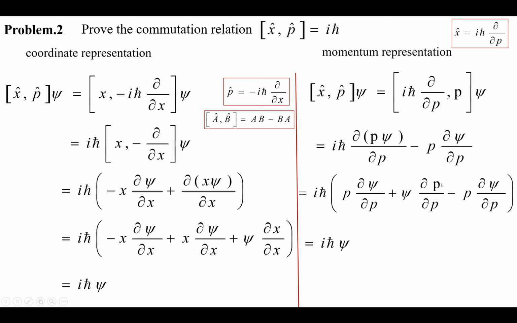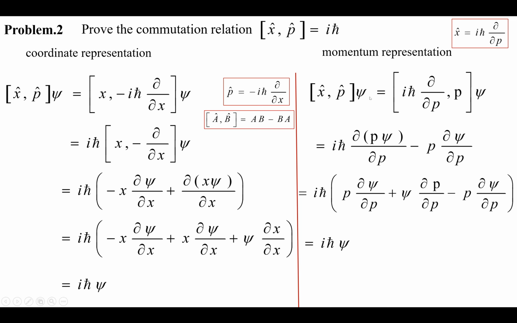Now we'll go for the same thing in the momentum representation. And of course, as I said earlier, the momentum representation is the Fourier transform between x and p. In the momentum representation, the operator x is given as iħ ∂/∂p.